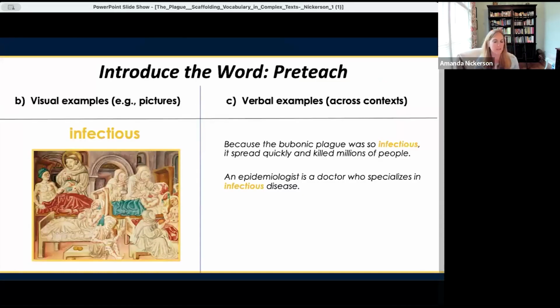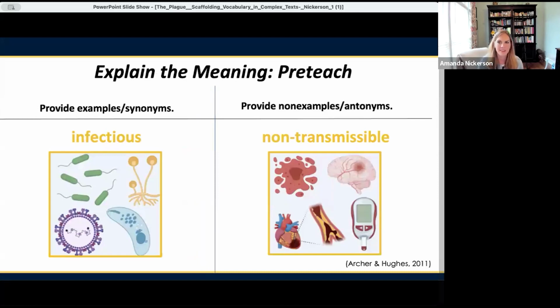And then I can use visual examples if I want. So I might pull up art from the bubonic plague. I could use verbal examples like, because the bubonic plague was so infectious, it spread quickly and killed millions of people. Or an epidemiologist is a doctor who specializes in infectious disease. I might provide examples and synonyms. So an example of infectious diseases are viruses, bacteria, right?